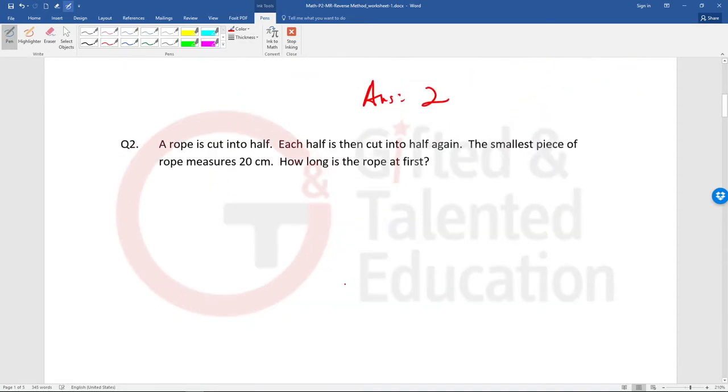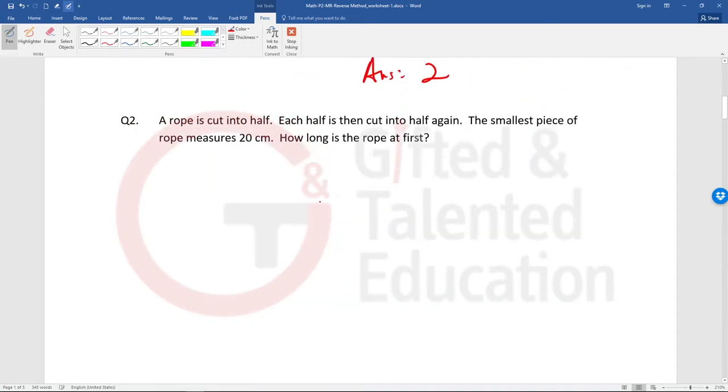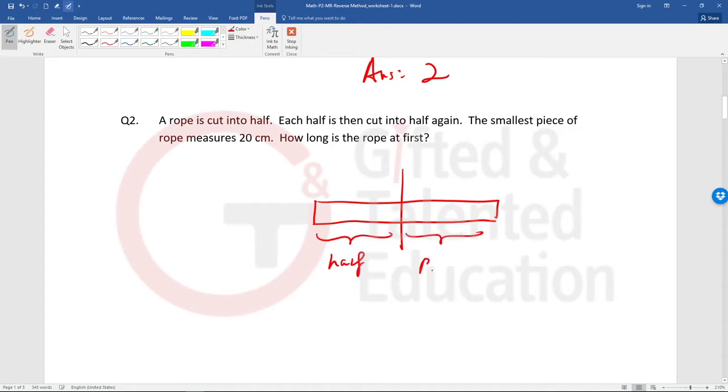For question 2, we are given a rope. The rope is cut into half. So this remaining piece is as long as this part which is cut away. And the remaining piece is cut into half again.